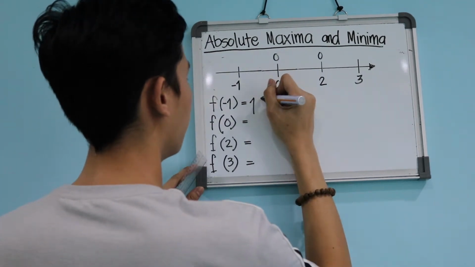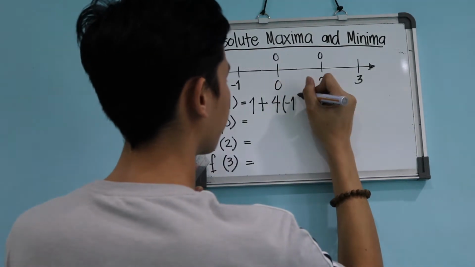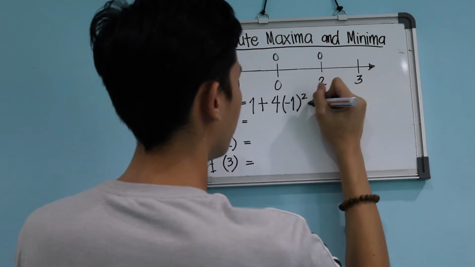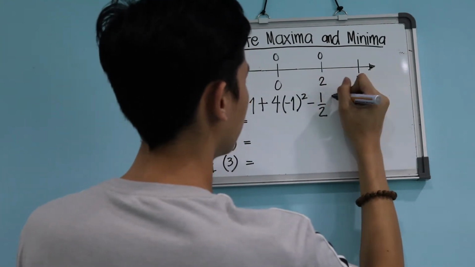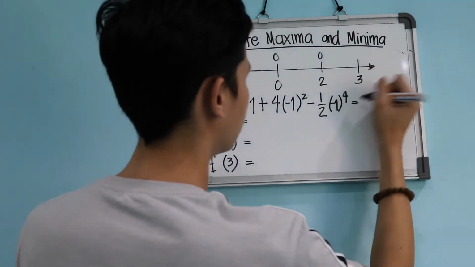So 1 plus 4 times negative 1 squared minus 1 half negative 1 to the power 4 equals to.